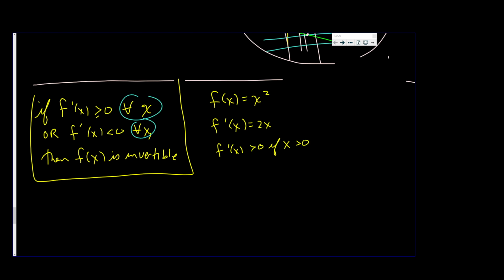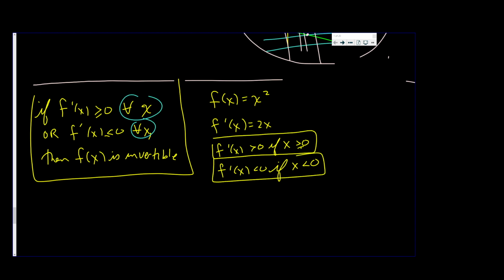And actually, sometimes it can equal 0, if x is greater than or equal to 0, and f prime of x is less than 0 if x is less than 0. That is, sometimes the derivative is positive, sometimes the derivative is negative. That is, it's not positive for all x. It's not negative for all x.